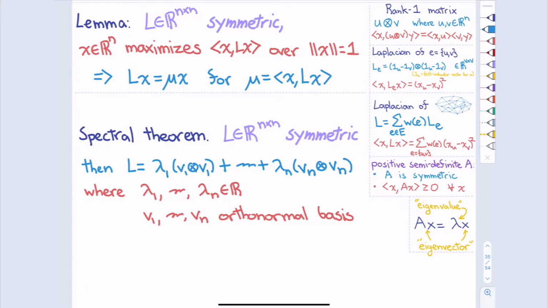So you know that L has this form. What do you know about the eigenvalues of L? Yes, they are real. And what are the eigenvectors, the v1 through vn?